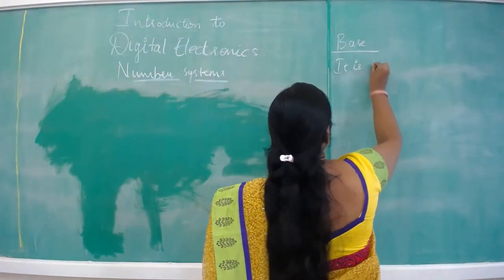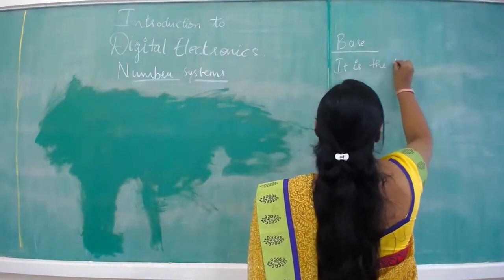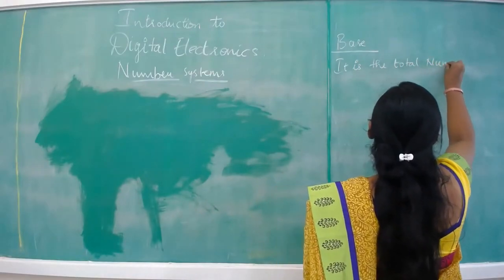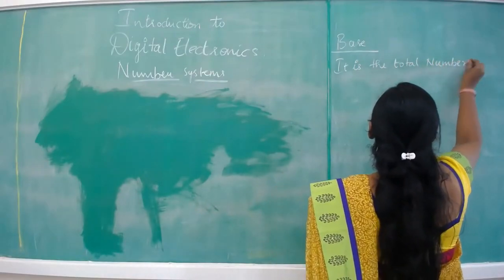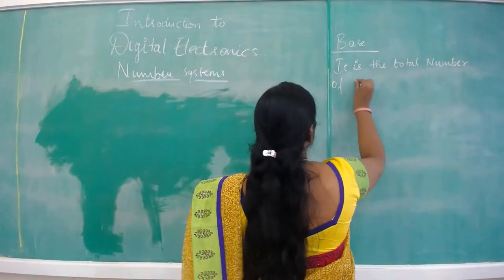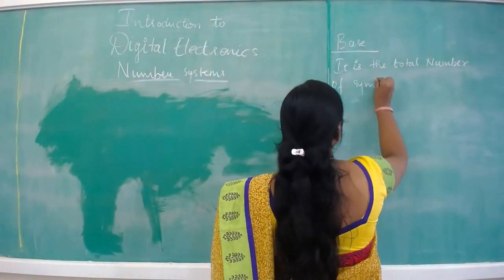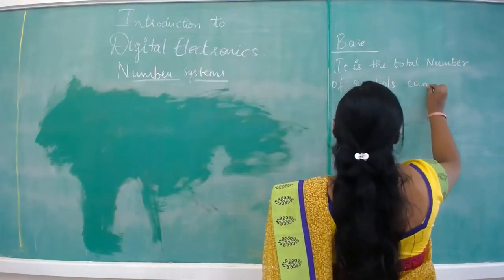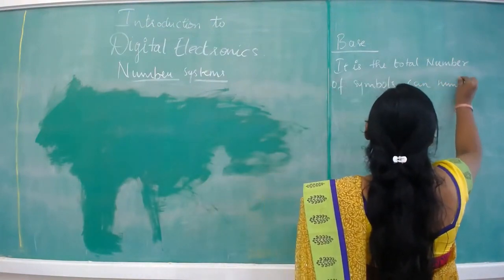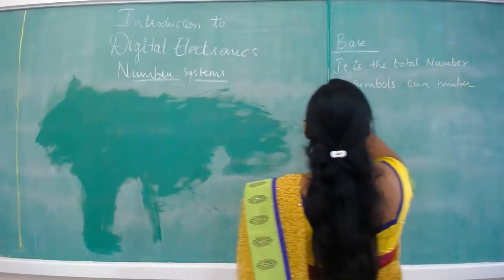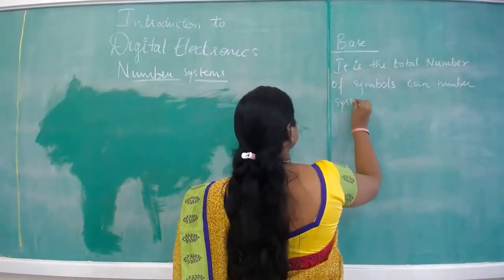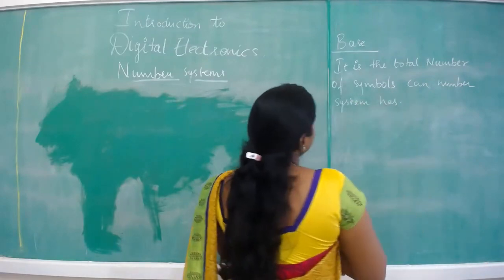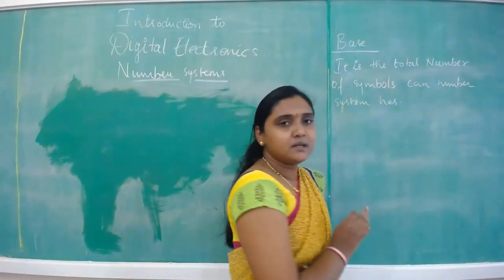It is the total number of symbols a number system has.